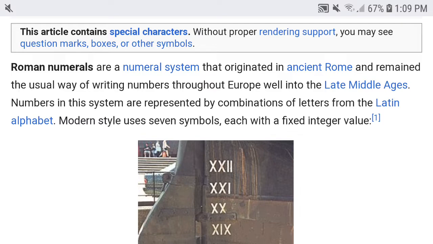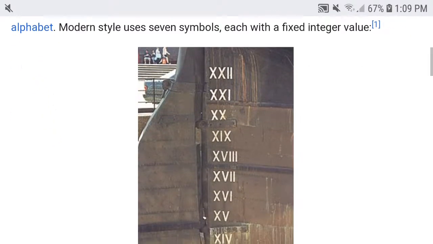Modern style uses 7 symbols, each with a fixed integer value. Like I said, one is I, and then X is for 10, and then there's V, etc., right? That's why, like I said, chapter 3 is chapter III, because there are three I's in there.